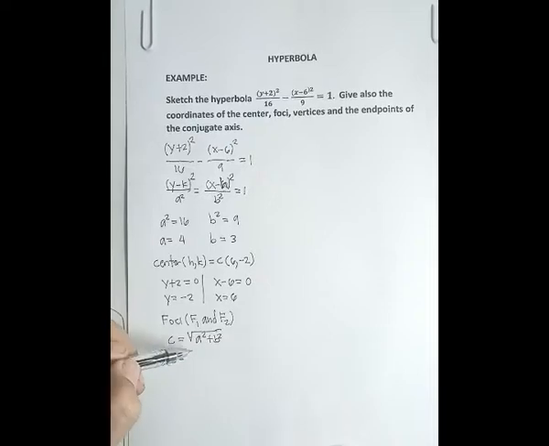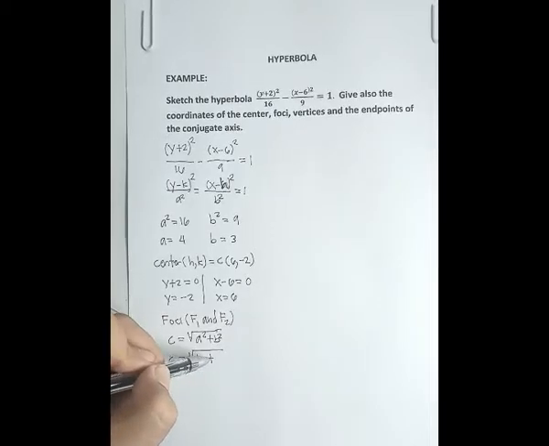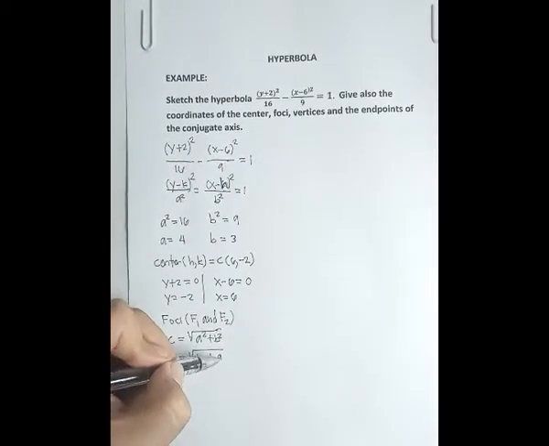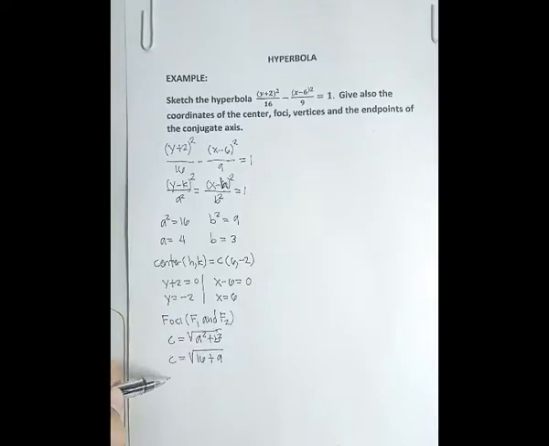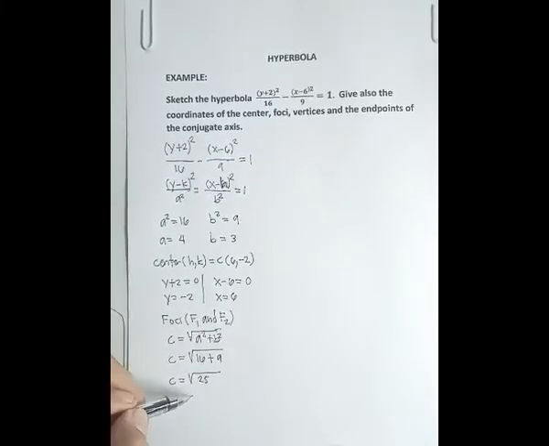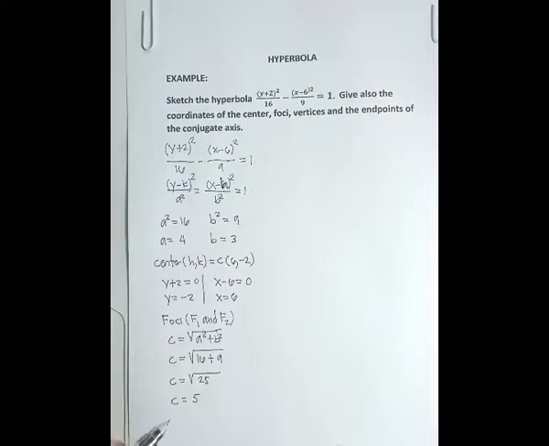So c is equal to the square root of 16 plus 9, which is 25. c is equal to 5.